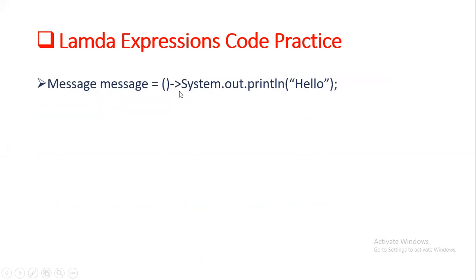To indicate it is a lambda expression, we use this arrow symbol, and we are printing the hello message. This lambda expression points to the Message functional interface. So we need to call this method: message.displayMessage. That's it.